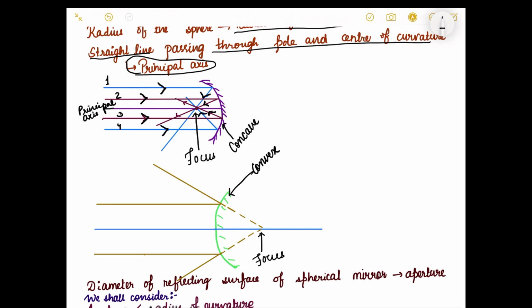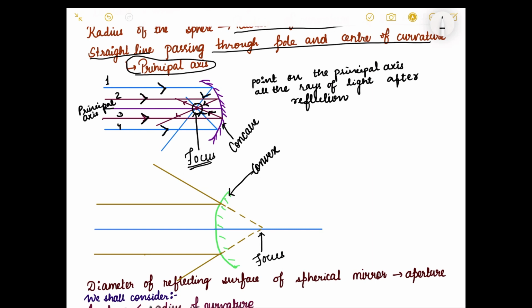So, these 4 rays after reflection meet at a certain point and this point is known as the focus of the concave mirror. So, the focus of a concave mirror is a point on the principal axis where all the rays of light after reflection converge. So, this is for the concave mirror.